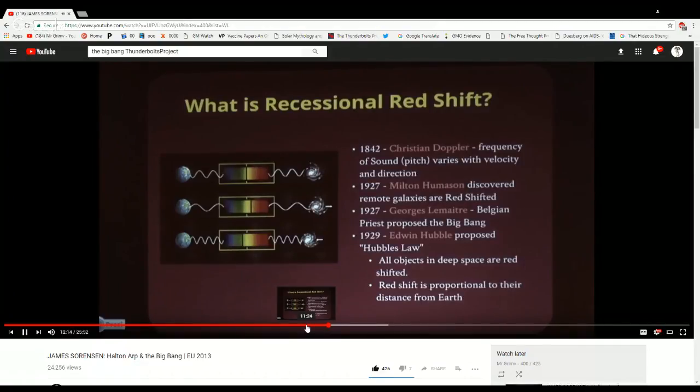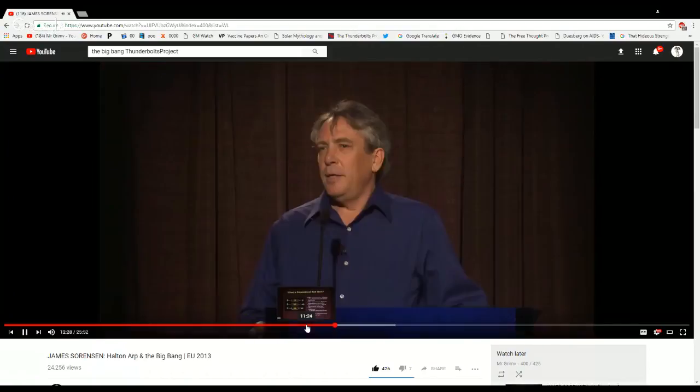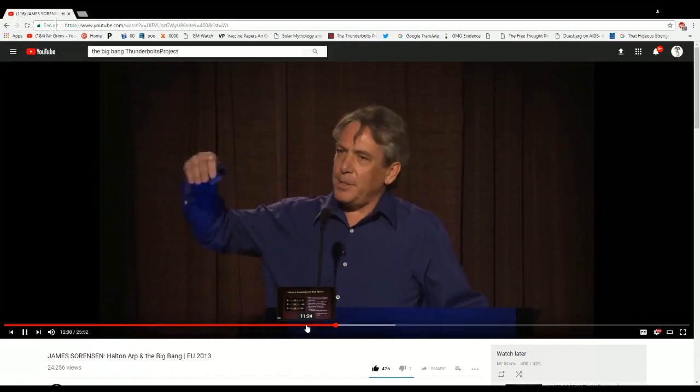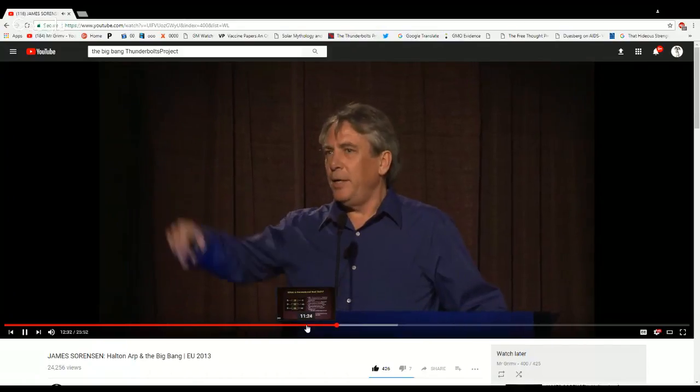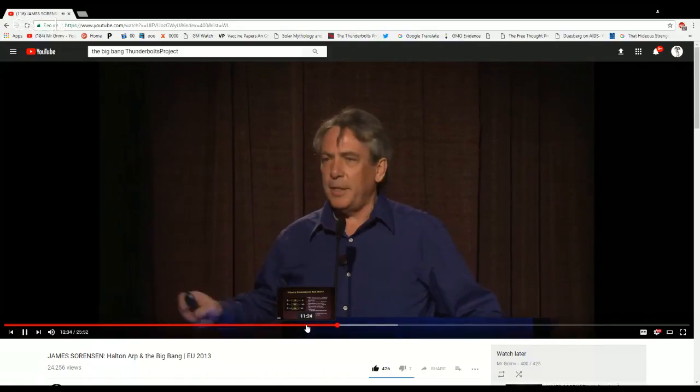There's really two parts to the law: all objects in deep space are redshifted, and that's not quite true, there are a couple that are blue shifted. But then also from that, he determined that this redshift is proportional to their distance to Earth. So once again, when you hear about objects that are 100 million light years away, that is coming from this idea of redshift.